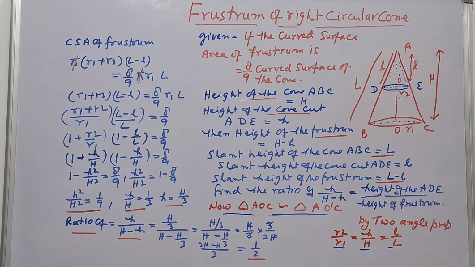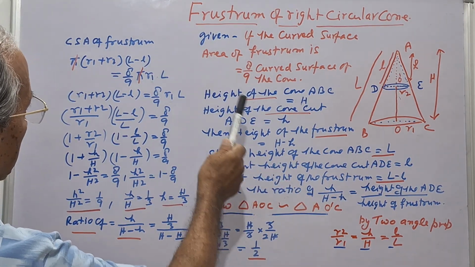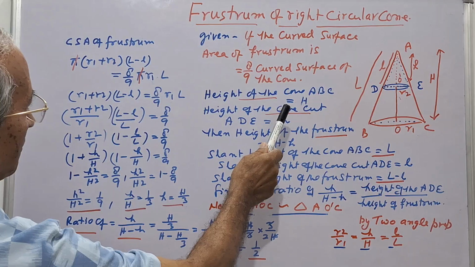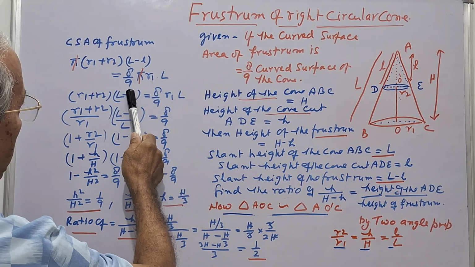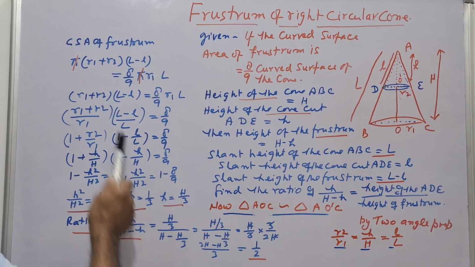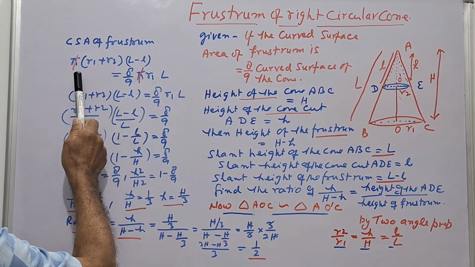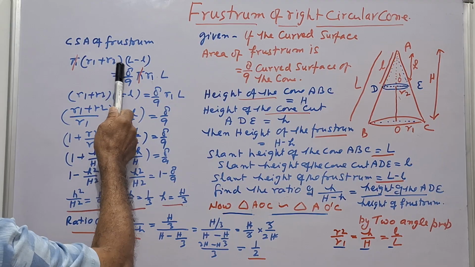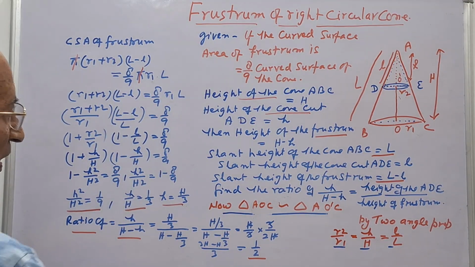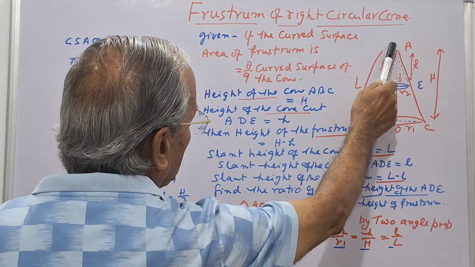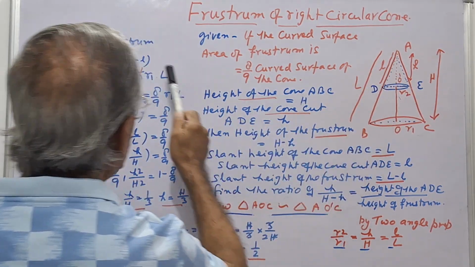Now come to the point. Given curved surface area of the frustum is equal to 8/9 curved surface area of the cone, and you know curved surface area of the frustum is pi bracket R1 plus R2 into slant height. Here slant height of the frustum is equal to capital L minus small l.